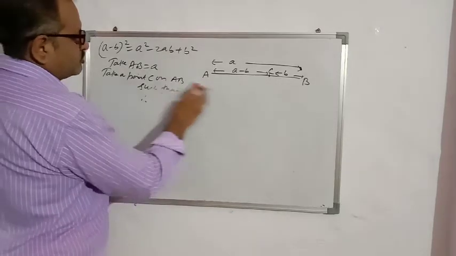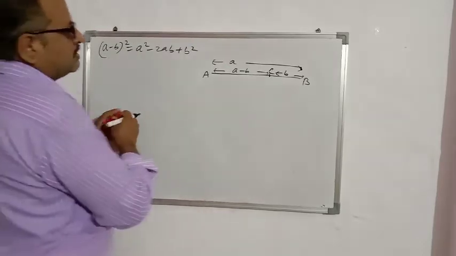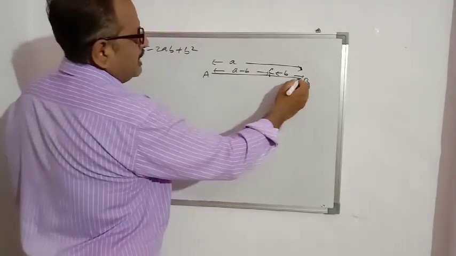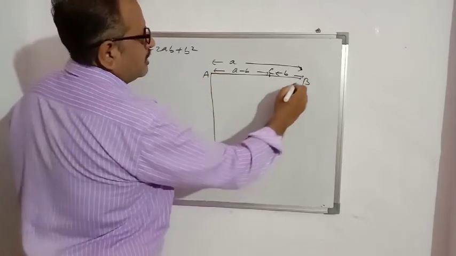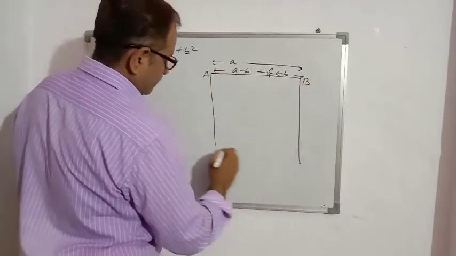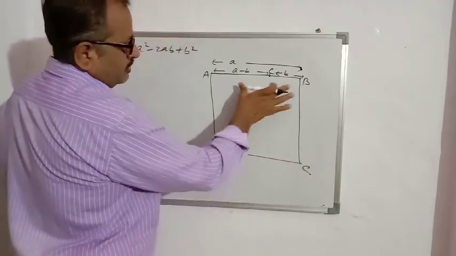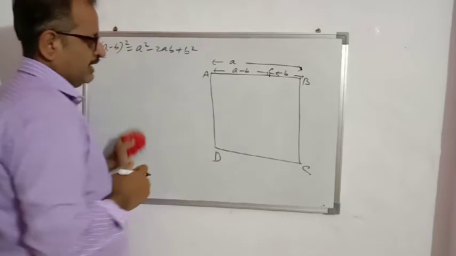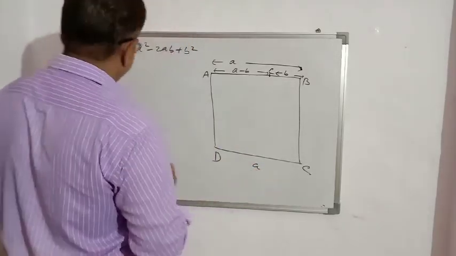Again we will complete the square. Taking AB as one side of the square, complete the square. ABCD is a square whose each side is a.